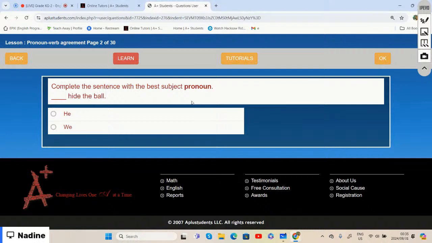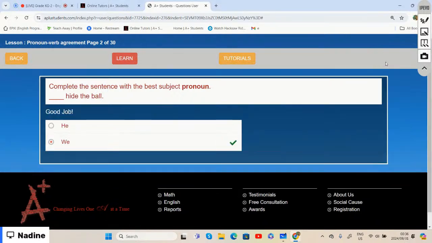All right. We hide the ball or he hide the ball? If we were to choose the correct option, we would choose option 2. We hide the ball.